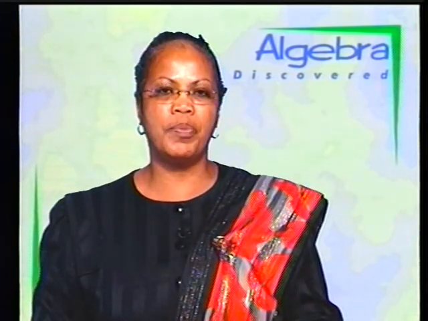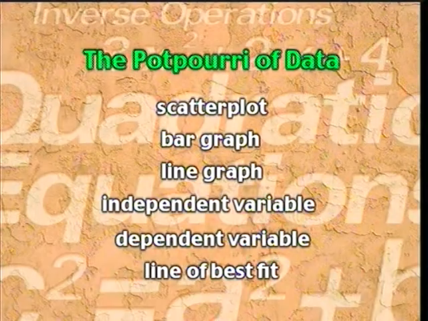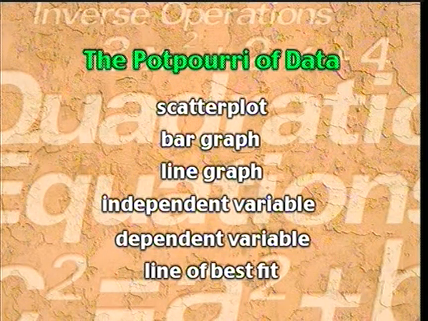We have now covered all of the aspects of data gathering, collecting, displaying, and analyzation. We've talked about the scatter plot that can be generated, bar graphs and line graphs. We even ventured into independent and dependent variable concepts. We talked about the line of best fit or regression line that the graphing calculator can generate for you through your data that might have either a positive, negative, or no correlation at all, with the correlation being shown via the trend line.